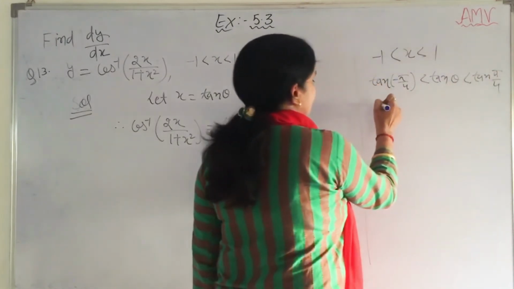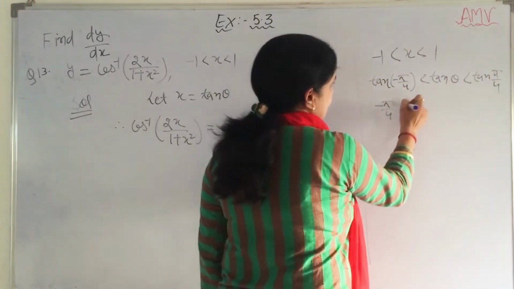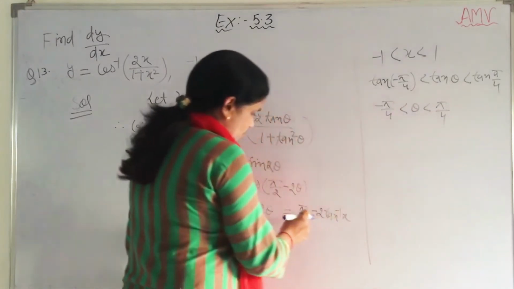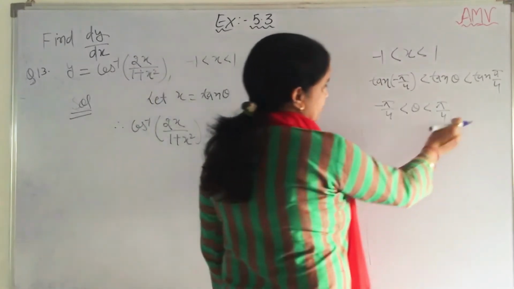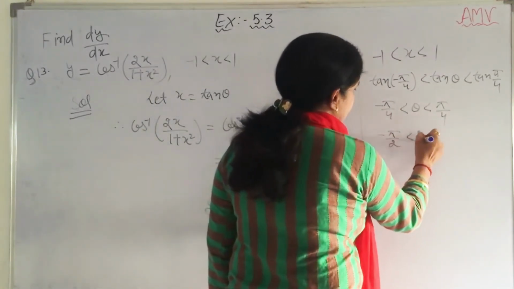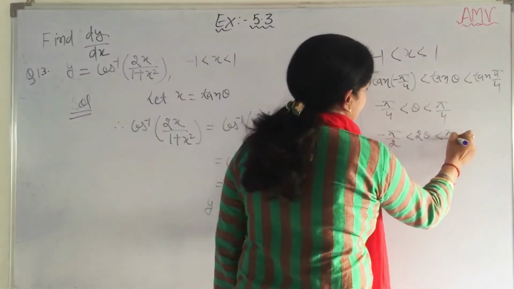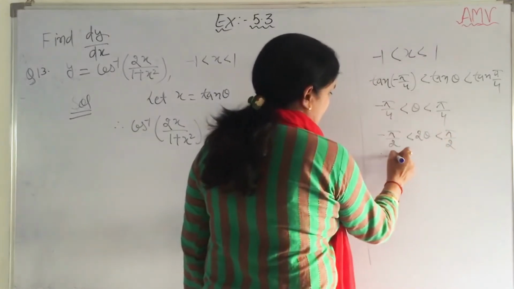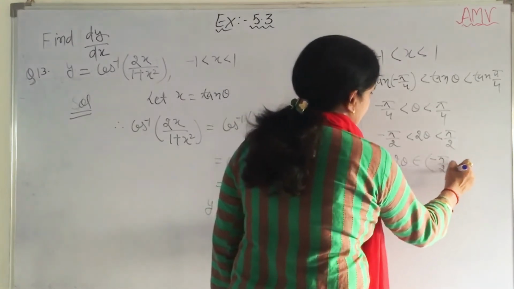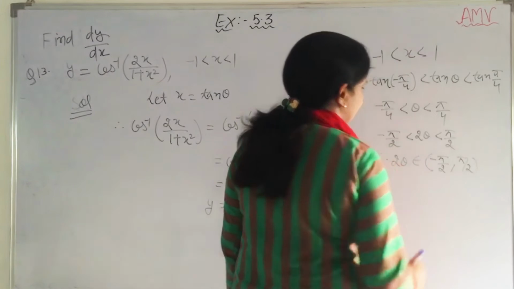Now minus pi by 4 is less than theta is less than pi by 4. We require 2 theta, so multiply by 2. We will get minus pi by 2, it is 2 theta, and here pi by 2. So 2 theta belongs to minus pi by 2 to pi by 2.